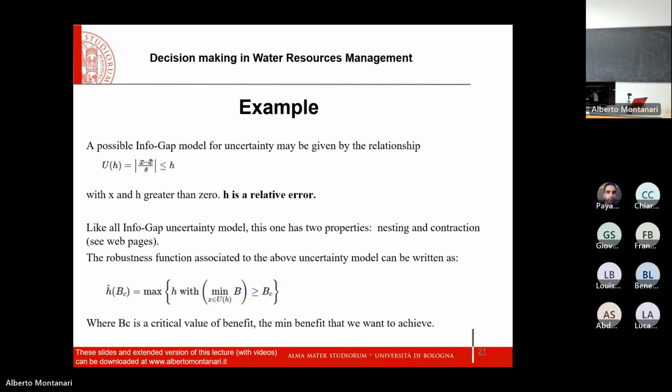And if I divide it by S, which is my tolerable error, the estimated error, then I get a relative measurement of uncertainty.